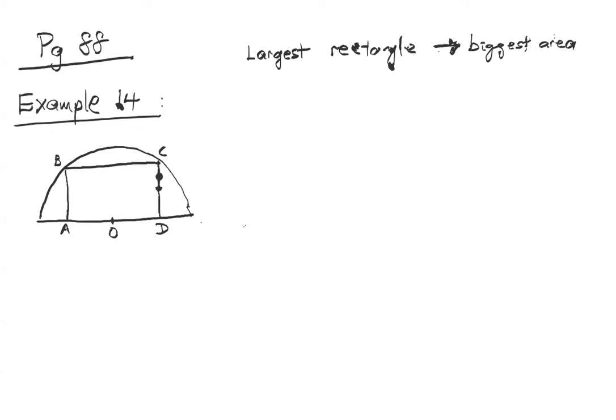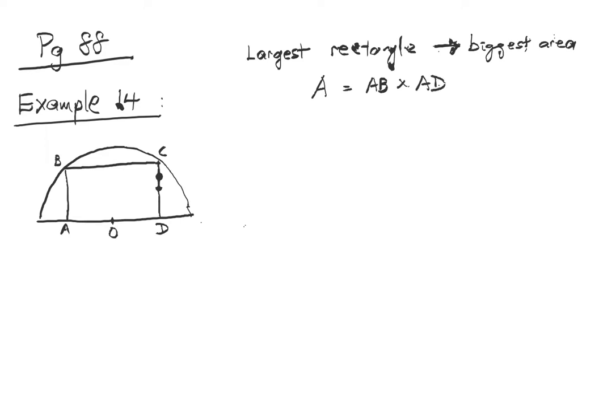Can or not? So when you want to find the area of the rectangle, I write down area of the rectangle. Okay. A is the area of the rectangle is AB times AD.